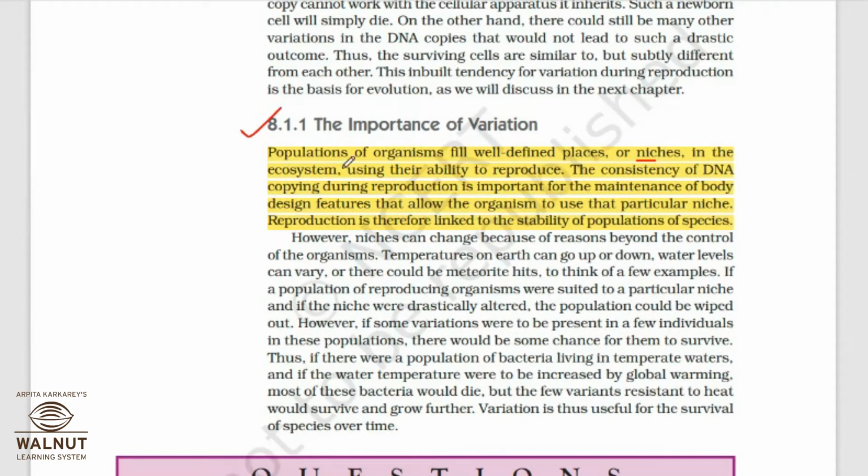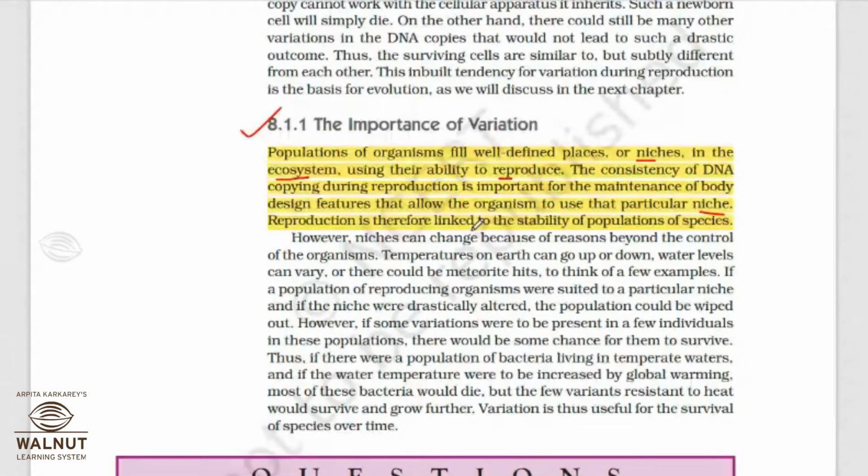In the ecosystem, all of you know what an ecosystem is, which consists of plants, animals, land, water, air, everything, using their ability to reproduce. The consistency of DNA copying during reproduction is important for maintenance of body design features that allow the organism to use that particular niche. It means it should be able to survive in that particular surrounding or ecosystem.